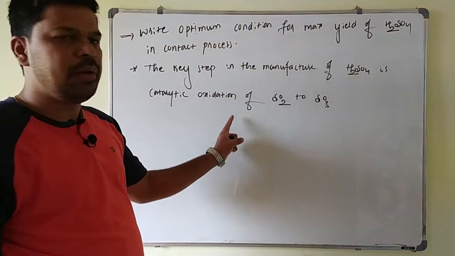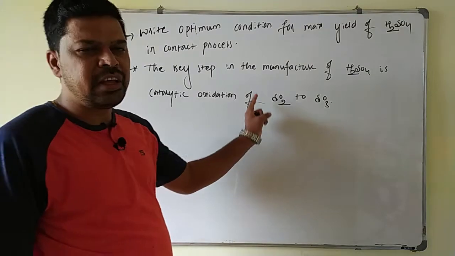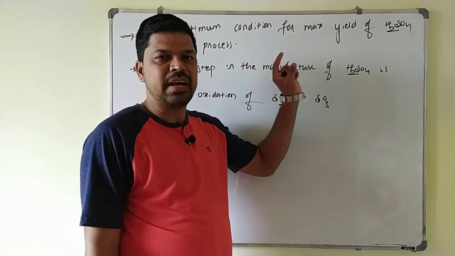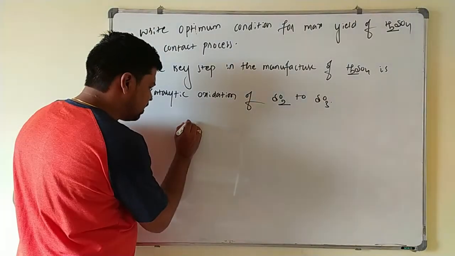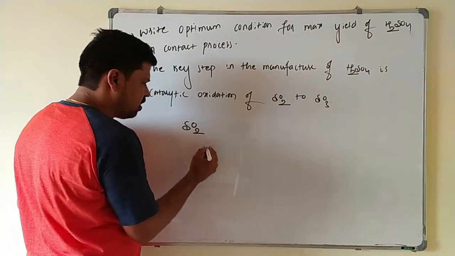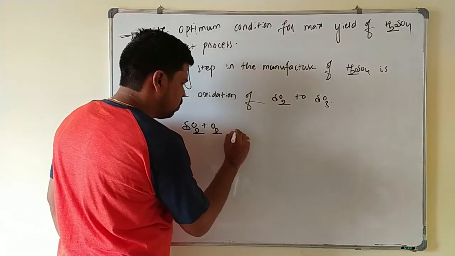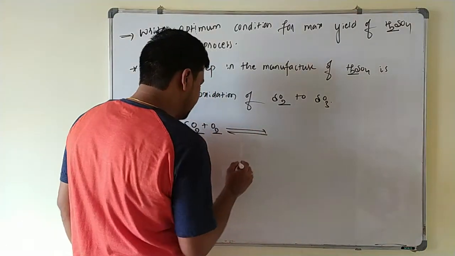So this is a very important step. Based on this only we will decide whether the maximum yield of H2SO4 is obtained or not here. This reaction is a reversible reaction. SO2 combines with O2 and this is a reversible reaction.